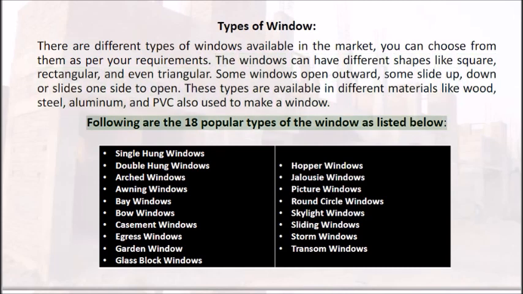Following are the 18 popular types of windows as listed below. Single hung windows. Double hung windows. Arched windows. Awning windows. Bay windows. Bow windows. Casement windows. Egress windows.